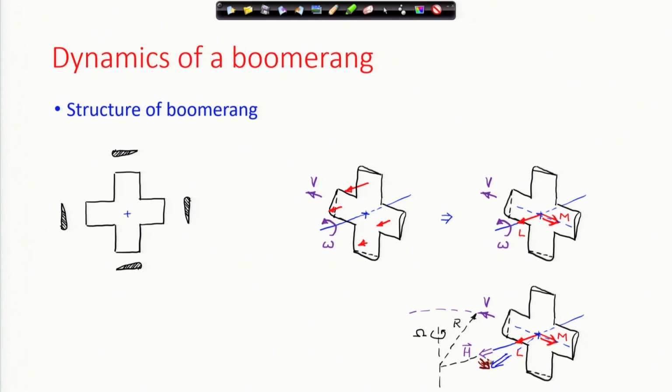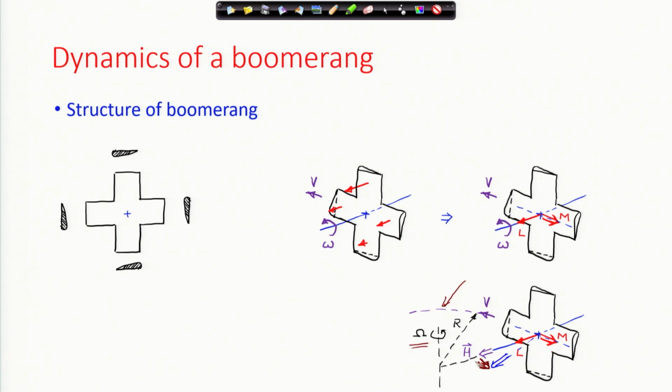As that happens, this boomerang is going to change its direction, and rather than a straight path, it is going to follow a curved path with a certain radius of curvature, and this is the precessional angular velocity of the boomerang.